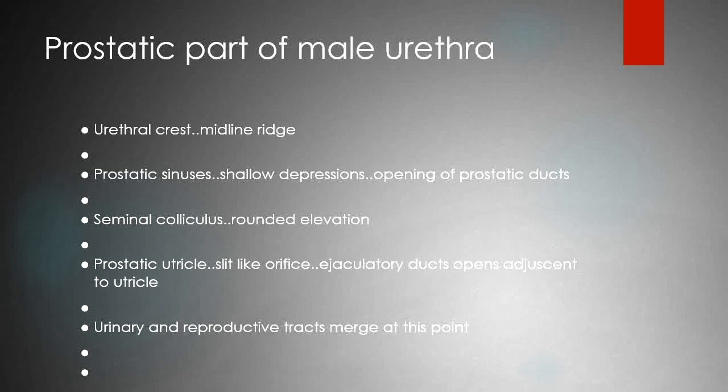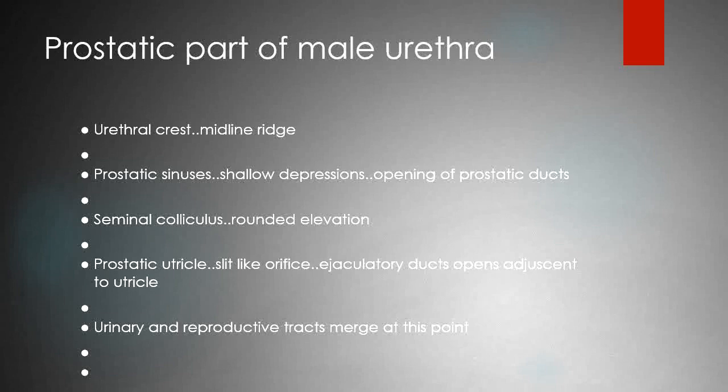This seminal colliculus has a slit-like orifice that opens into a small cul-de-sac which is known as prostatic utricle. So prostatic utricle is basically a vestigial remnant of the embryonic uterovaginal canal.